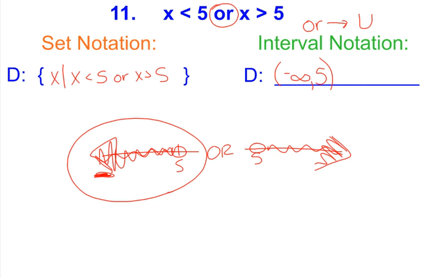Or, so we use the union symbol, I start shading after 5. So I'm going to put a 5 here, but it's in parentheses because there's no closed circle on that 5. And I shade forever, which we would call infinity. So where you start and stop your shading of your included values is where you start and stop your interval notation.